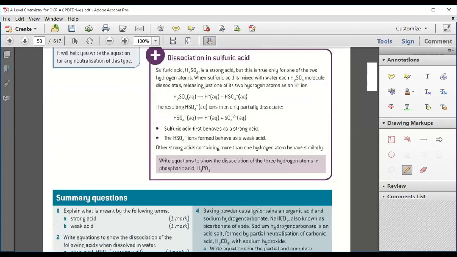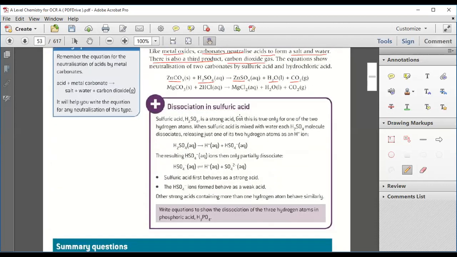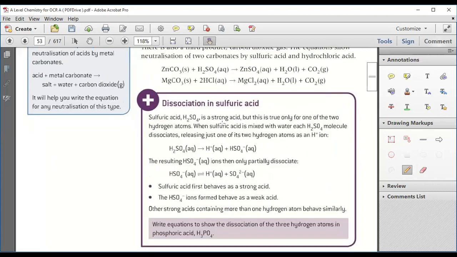Now we have dissociation in sulfuric acid. Sulfuric acid, H2SO4, is a strong acid, but this is true only for one of the two hydrogen atoms. When sulfuric acid is mixed in water, each H2SO4 molecule dissociates, releasing just one of its two hydrogen atoms as an H positive ion.